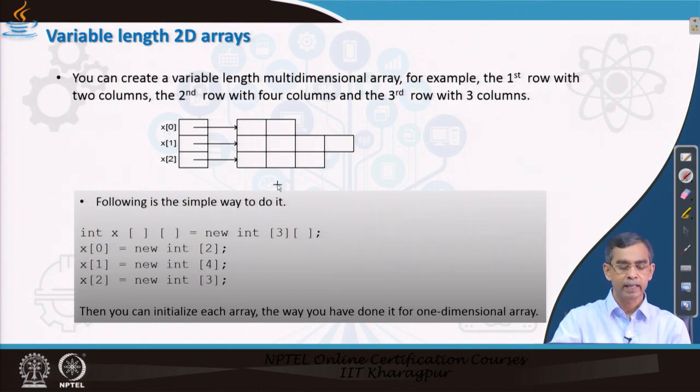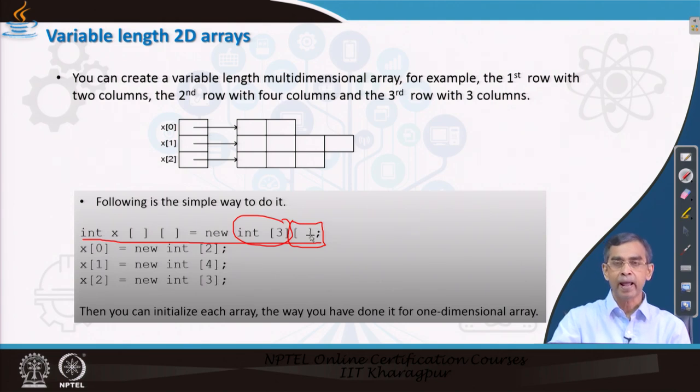Now, how can we declare it? It is a very simple way to declare. First we have to declare, because it is essentially a two-dimensional array whose number of rows is fixed. So we declare that it is an integer array, we want to store integers, and the number of rows will be 3. However, we did not mention the size of the column here. If we mention the size of the column, it indicates that all rows are of the same size.